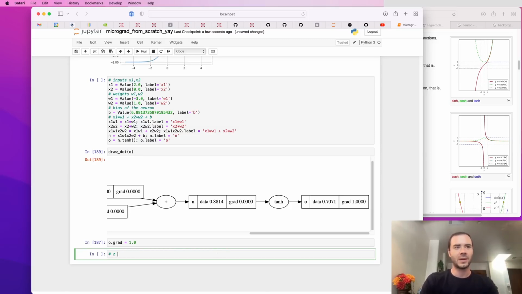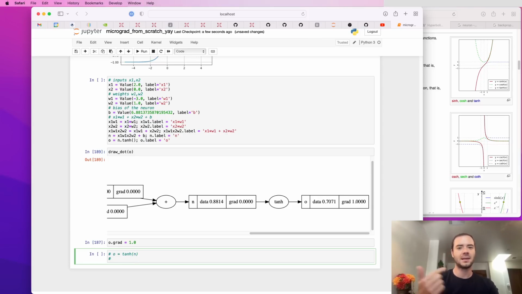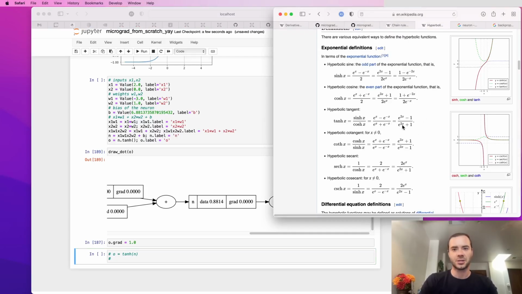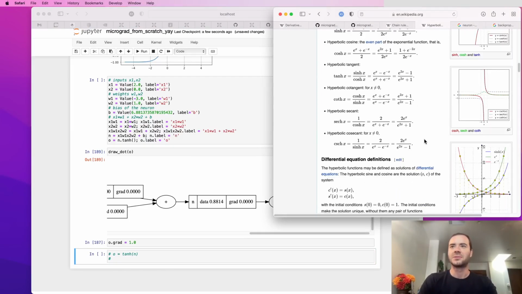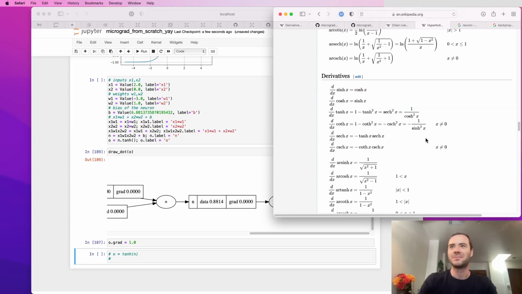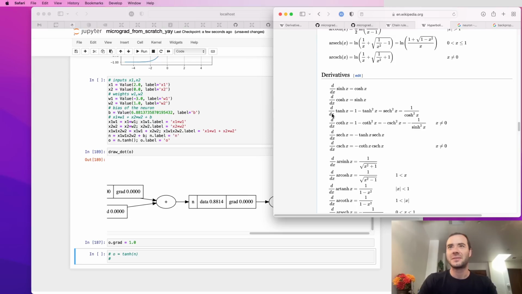So if we have that O is tanh of n, then what is do by dn? Now what you could do is you could come here and take this expression and do your calculus derivative taking, and that would work. But we can also just scroll down Wikipedia here to a section that hopefully tells us that the derivative d by dx of tanh of x is any of these.